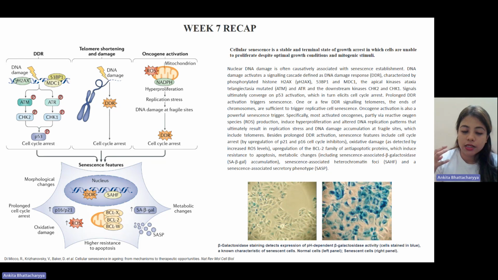So when there is a stressful condition where the cell has incorporated extensive DNA damage repair, you can observe little dots, otherwise understood as foci, which are little clusters of gamma H2AX.